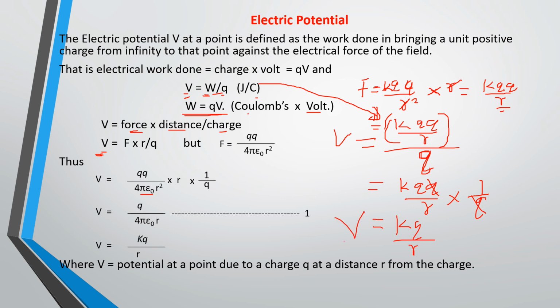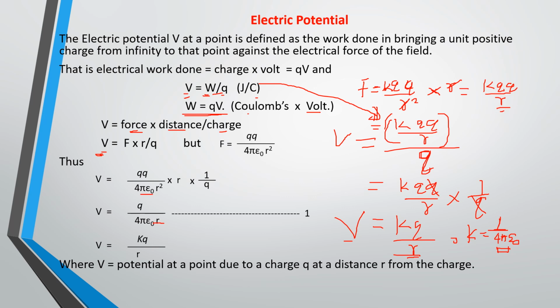Okay, so this gives you the electric potential at a point due to a charge Q at a distance r from the charge. Remember that K is equal to 1 all over 4 pi epsilon 0. I'm only putting that K there, but remember that K is equal to this.